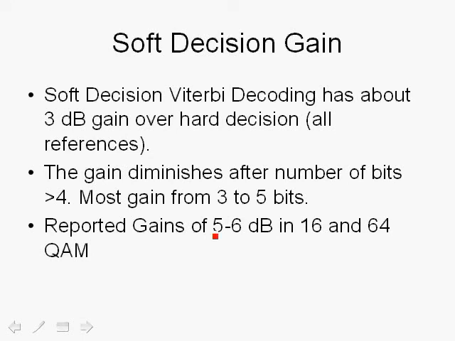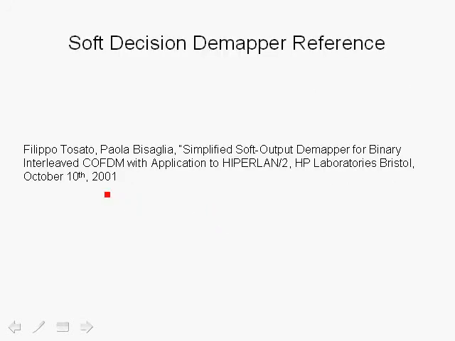In some references, which I'll point out, they show that for 16 QAM and 64 QAM, you can achieve 5 to 6 dB improvement over hard decision. Let me give you that reference because it is very relevant to 802.11a, even though it is for Hiperlan 2.